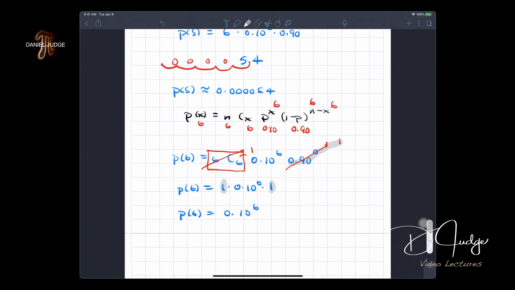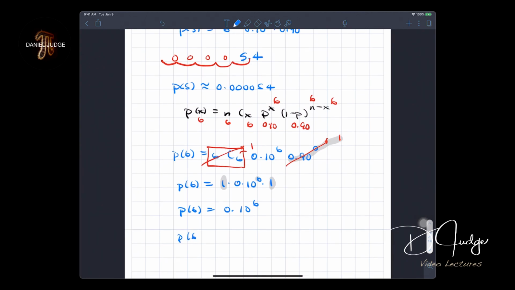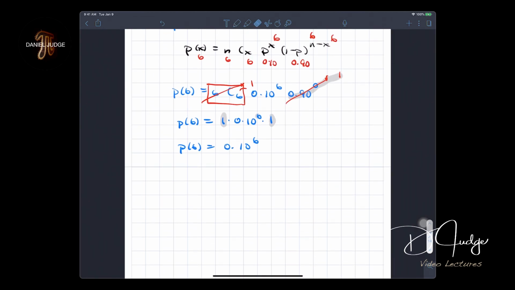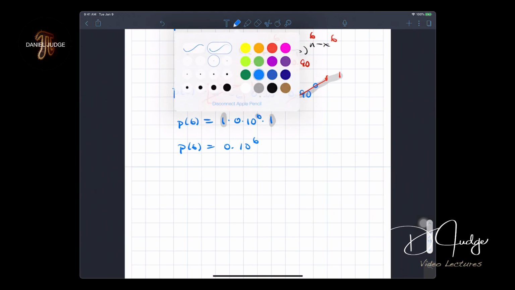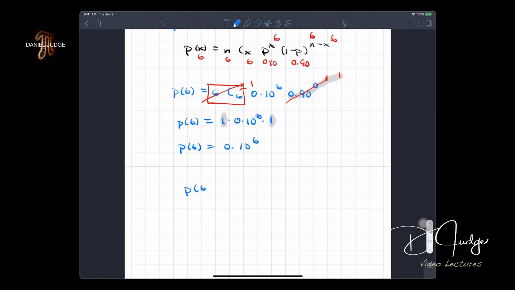There it is. We're left with 0.1 to the 6 power right here. This is what we're going to use our calculator for: 0.1 to the 6 power.